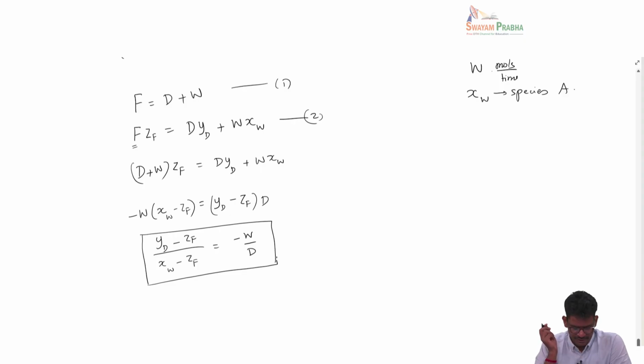After some elimination, you will be able to show that (YD minus ZF) over (XW minus ZF) is given by minus W by D.